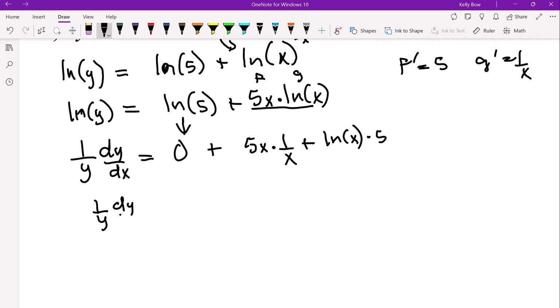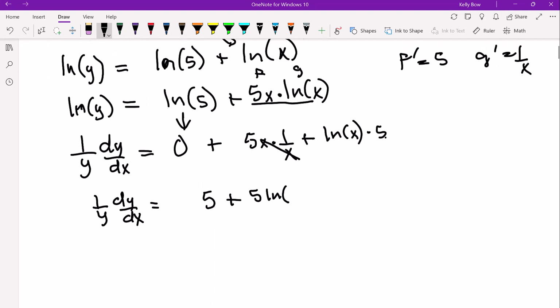And then we're going to simplify all of that. So 5 over x, the x's cancel, that leaves 5. And then this 5 is going to be brought out in front.